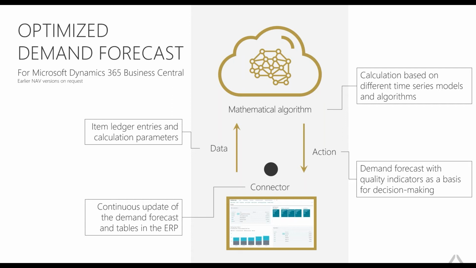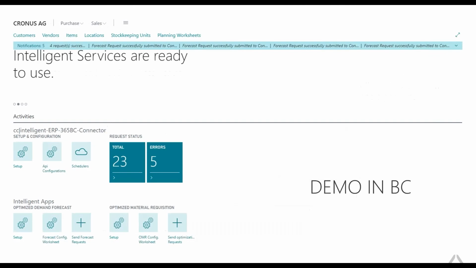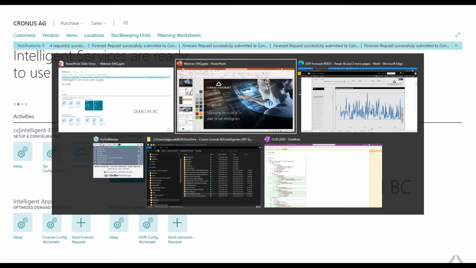So the benefit is that we can compute actionable insights, a demand forecast, and other optimization results I will show you later, in an automated way via a connector and via optimizing algorithms that we provide as a cloud service, as an online service. I will show how this works in Business Central.